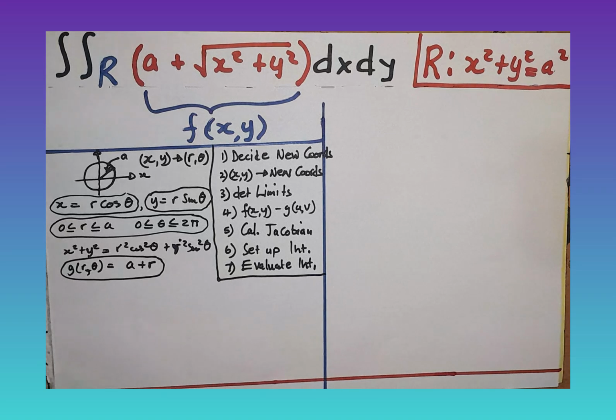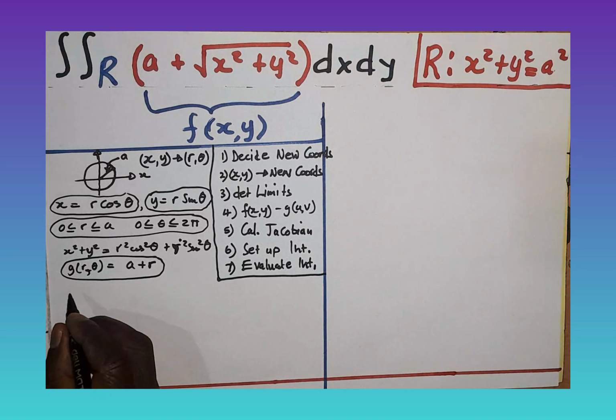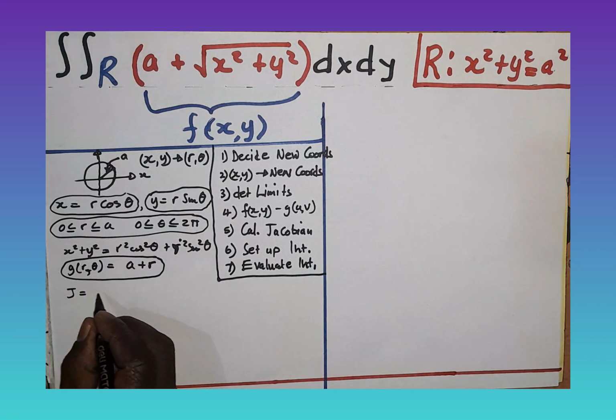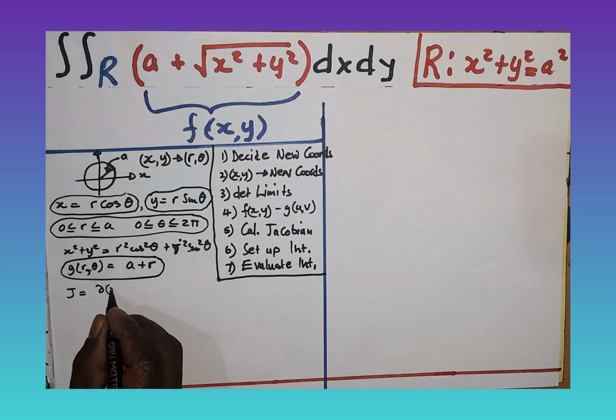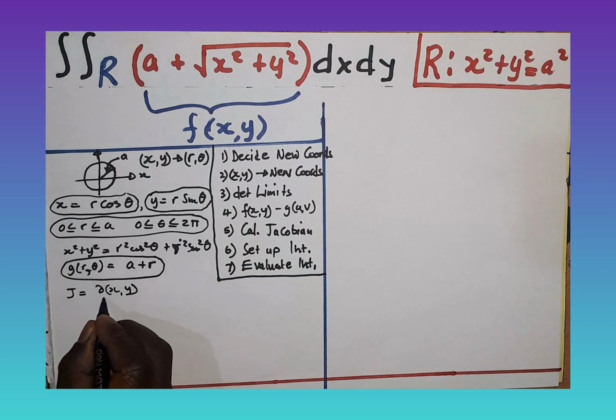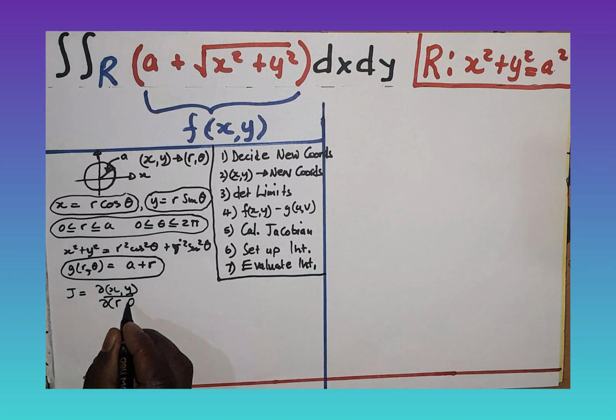Okay? Right. What about step number 5, where we need to calculate our Jacobian? Well, the Jacobian of the transformation J is given by partial of xy over partial of r theta.